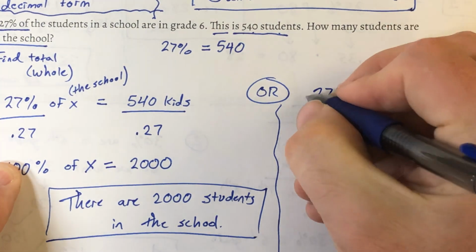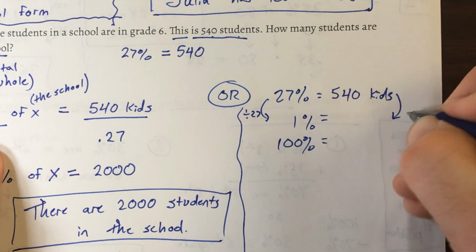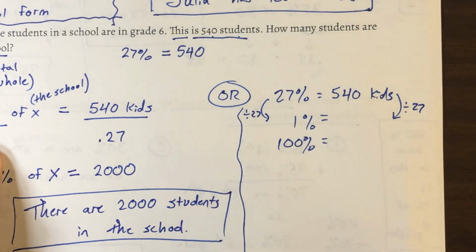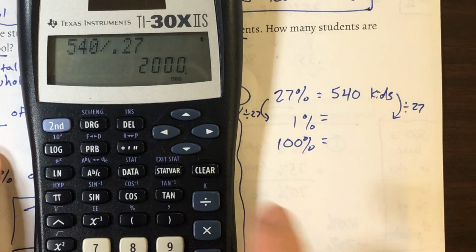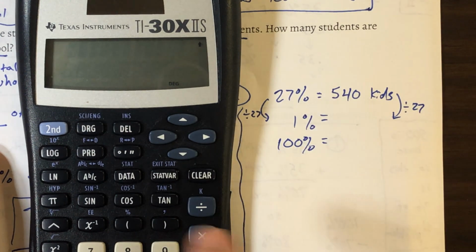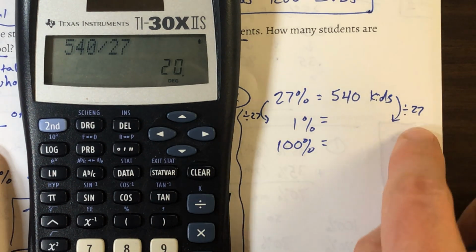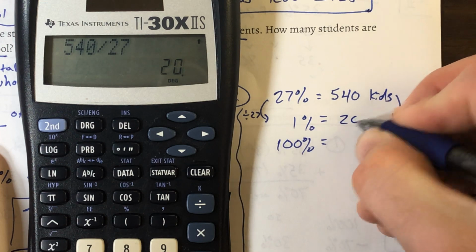All right, how do I go from 27 to 1? Divide by 27. So take 540 and divide by 27. It's probably going to be like 20. Let's see. Because 54, all right. 540 divided by 27. Yup, 20, because 27 goes into 54 twice, and there's a 0.